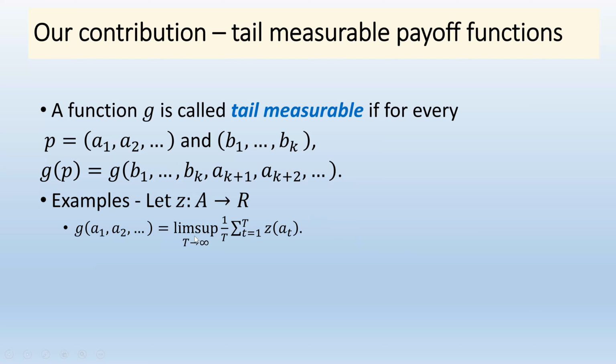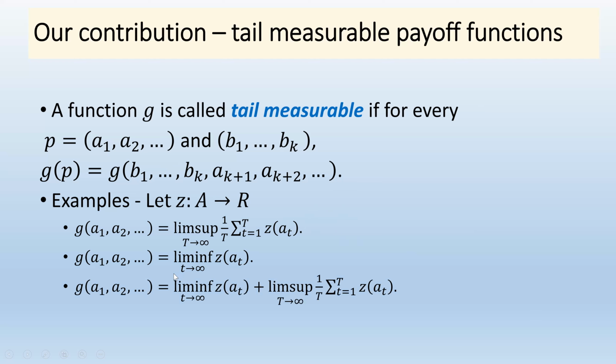If we consider, for example, the lim sup of the averages of these payoffs, then we get a tail measurable function. If we simply take the lim inf of the payoffs, then it is tail measurable. If we take the sum of two tail measurable functions, then we end up with a tail measurable function. However, the sometimes popular discounted sum is not tail measurable, because it's not true that you can replace a finite number of action profiles and still get the same payoff.